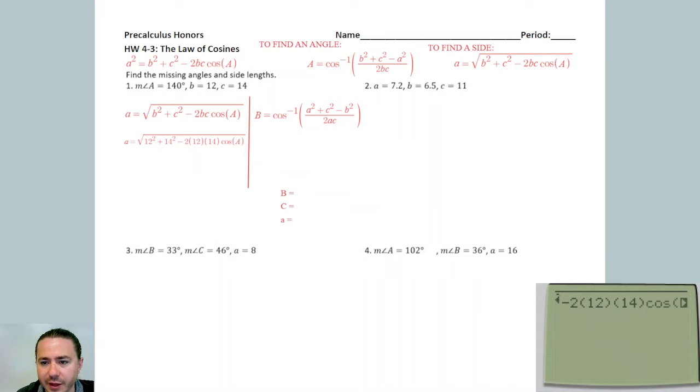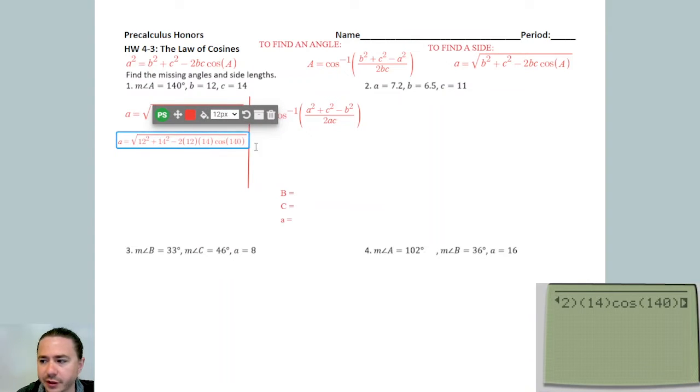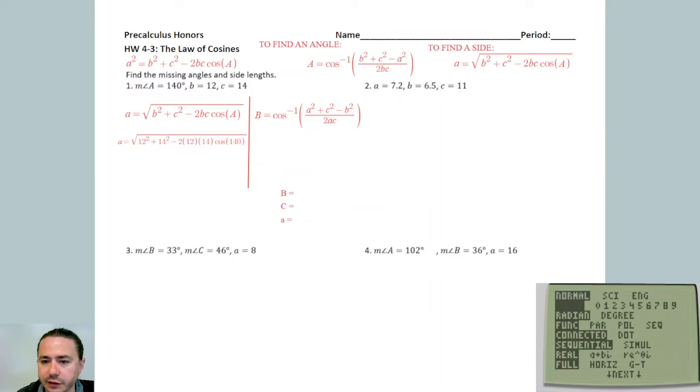I'll go ahead and fix that, but it's going to be the cosine of 140 degrees. And before I hit enter, I am given this angle measure in degrees, so I have to make sure that my calculator is in degrees. So mode, yep, default's radians, so just make sure you check that.